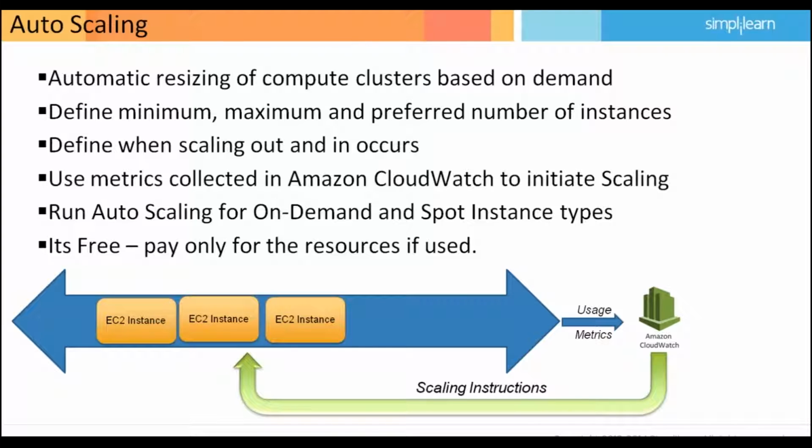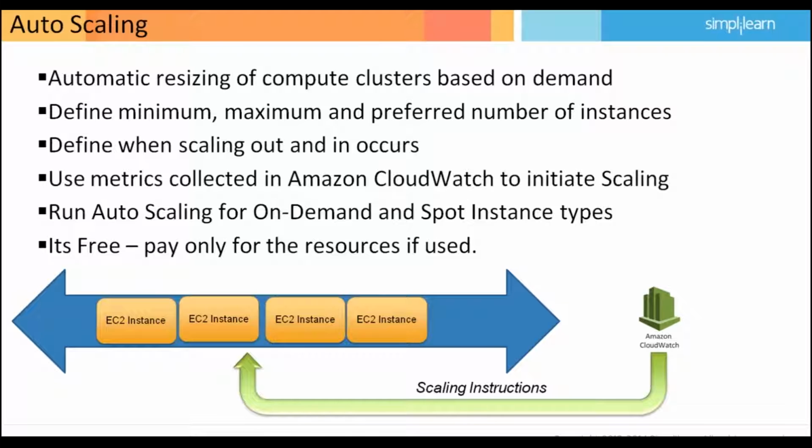When I say abnormal, high CPU usage or high network usage, you would have to define it, and it would send scaling instructions and say, okay, my CPU is high, I need to add 1 EC2 instance. Then after some time you find out, oh no, I have further web traffic coming in, my workloads on these instances are unable to handle them, looks like I need to add more. So it would add more automatically. Until when? Until you define the maximum limit, the second bullet point over here.